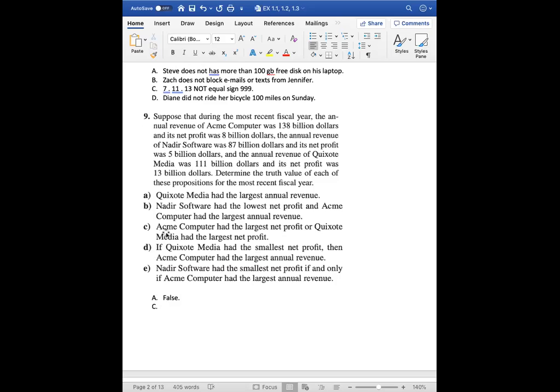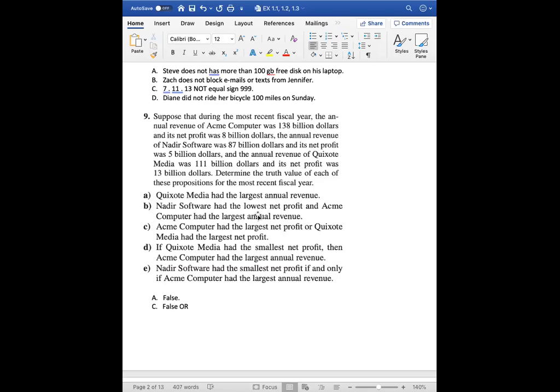Then part C says Acme Computer had the largest net profit. If we read the question carefully, we know that it does not have the largest profit, because there is another company, Quicksort Media, which has a $13 billion net profit. Therefore, this will be false. However, we have this or sign here, so I'll just put or here to break it down for you guys, but you can just write the direct answer as well.